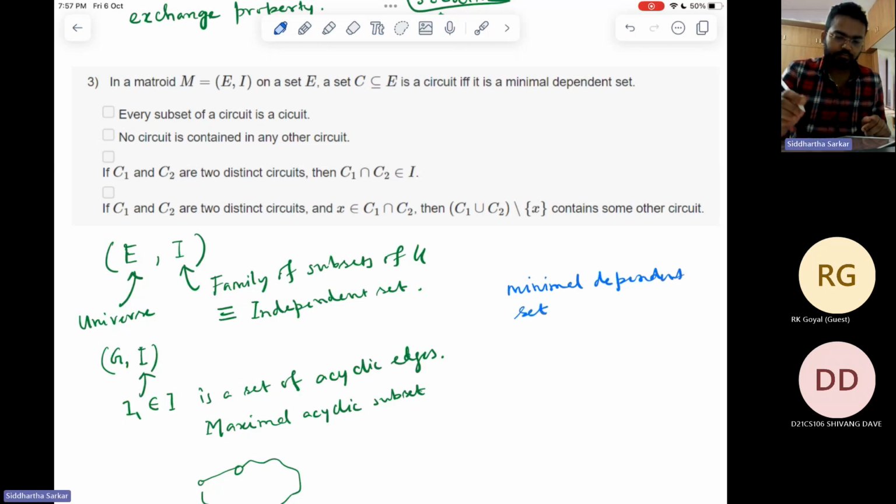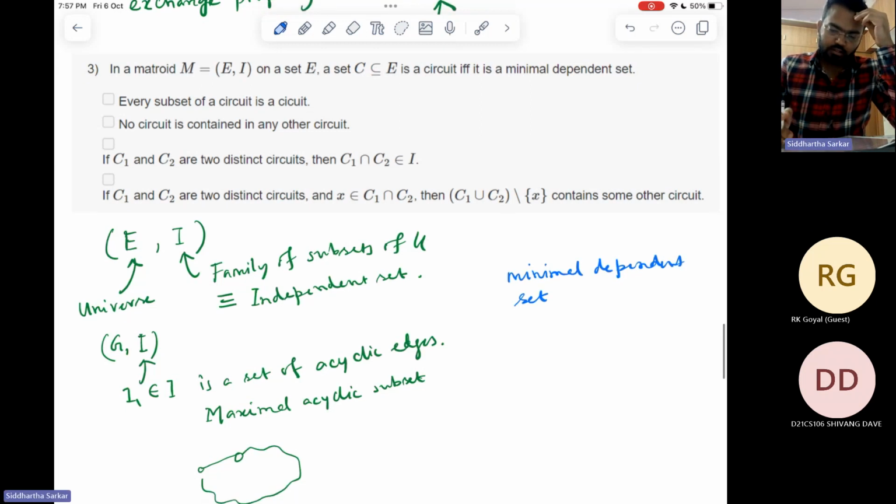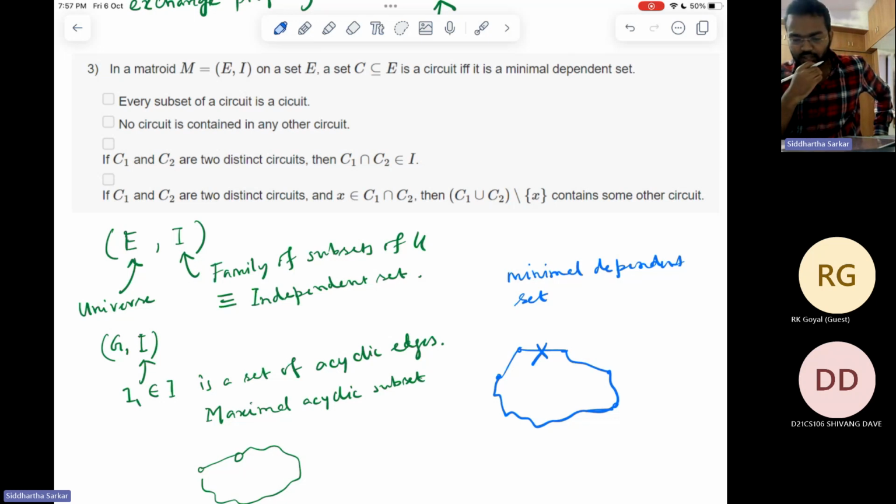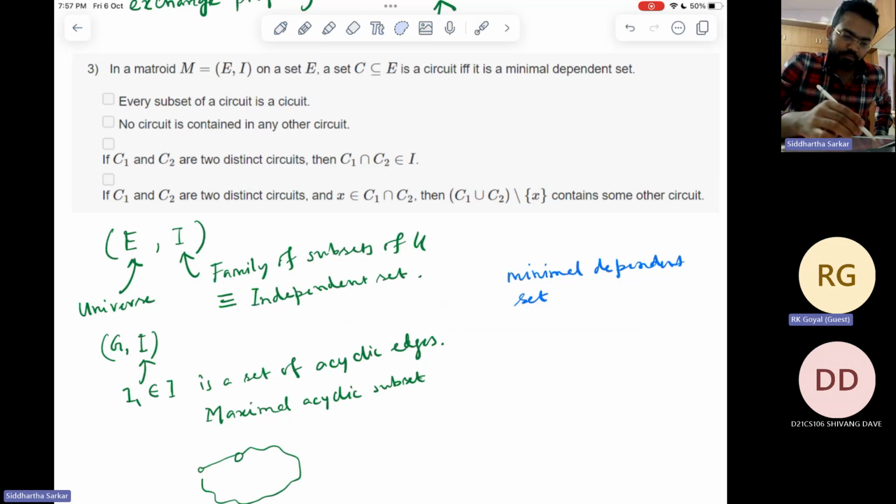So that means in this case, you have a cycle, and this cycle is called a minimal dependent set if it cannot be minimized further. Even if you delete one edge, it will no more be a cycle. You understand what I'm saying? So this will become independent then.